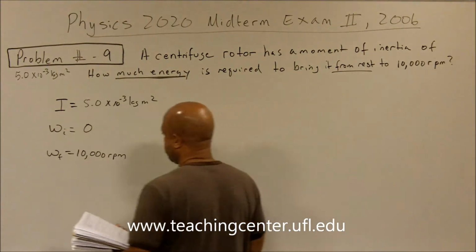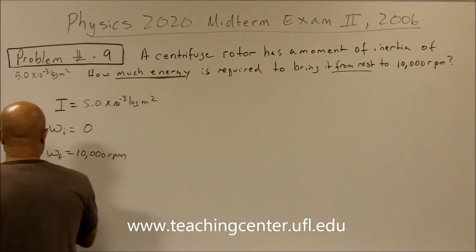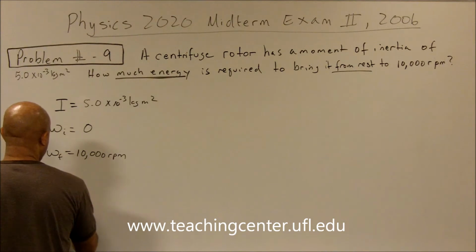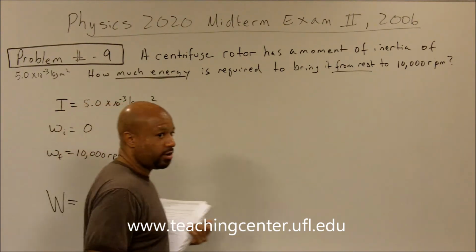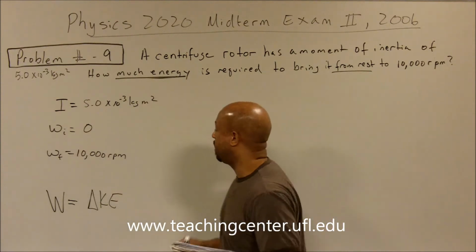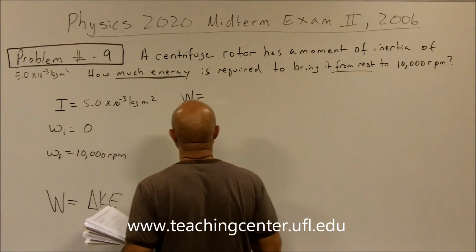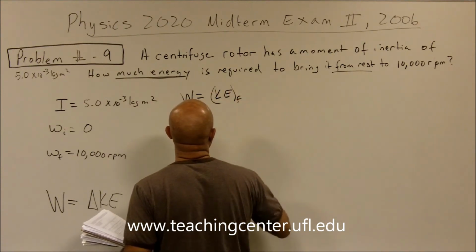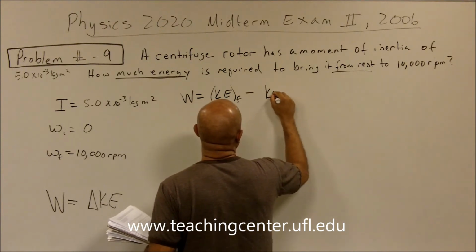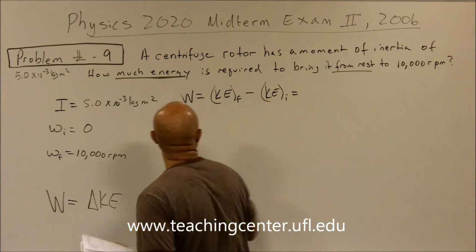If you remember from translational motion, we know that work, capital W, is defined as the change in kinetic energy. All right? And so we know that the change in kinetic energy is defined as the final kinetic energy minus the initial kinetic energy.